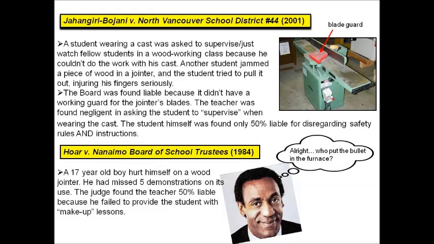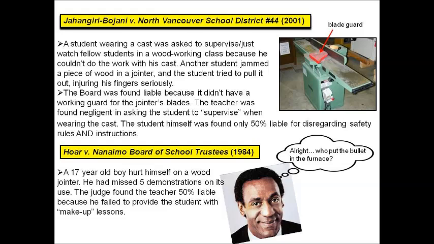You sit out this one while your injury heals, right? What happened was another student in the class jammed a piece of wood in a wood jointer. And this student, who was told by the teacher, you're not doing anything today, you're just watching, all right? Just watch.